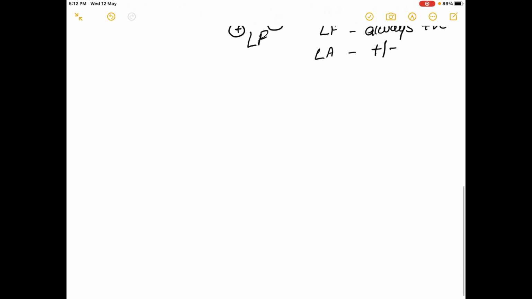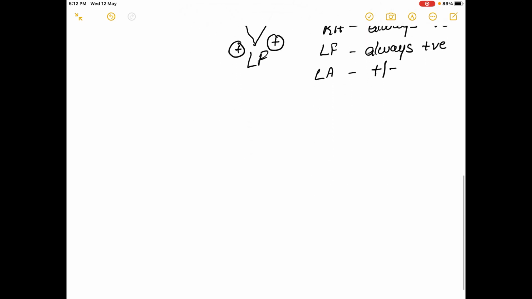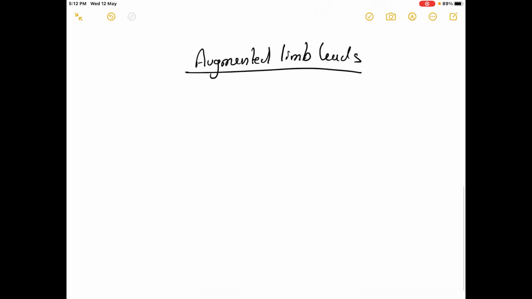The limb leads were bipolar leads; we had two polarities, whereas augmented limb leads are unipolar leads. Here also we form a triangle using the same limbs.